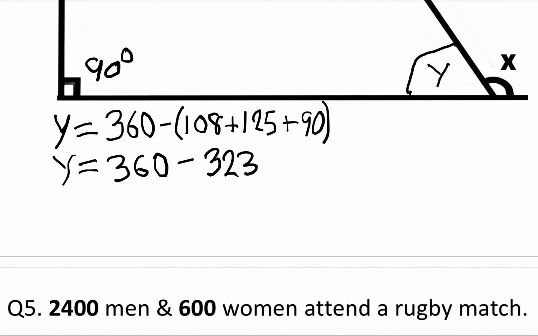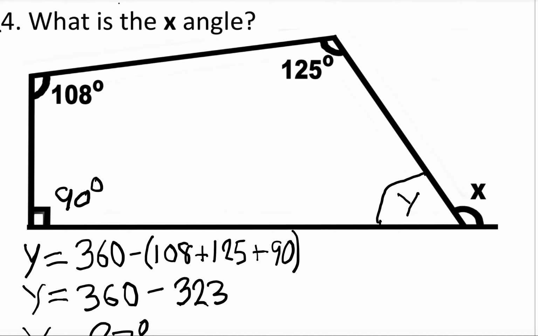So y equals, what does it equal? It equals 37, and that'd be 37 degrees. So we could put that in on our diagram now. We've worked that out. So that's 37 degrees, y.